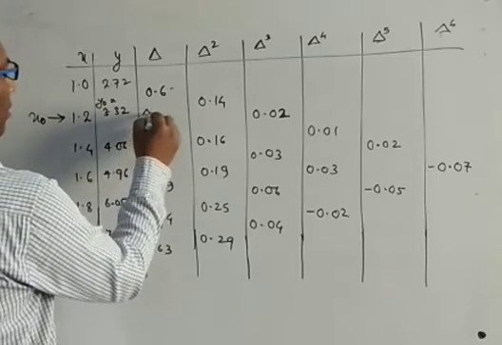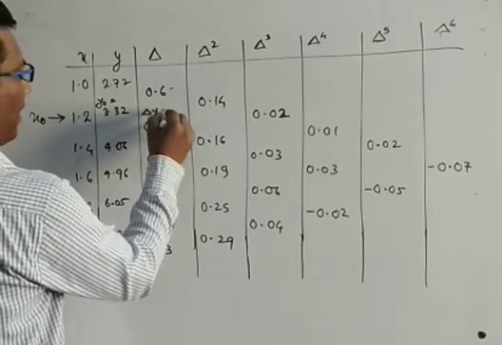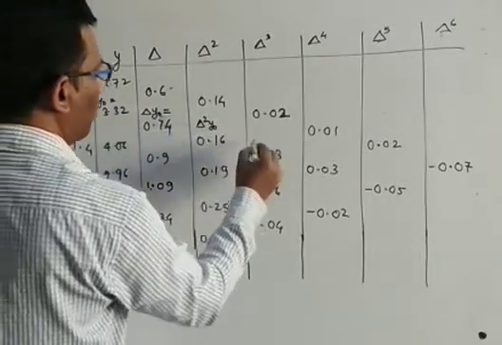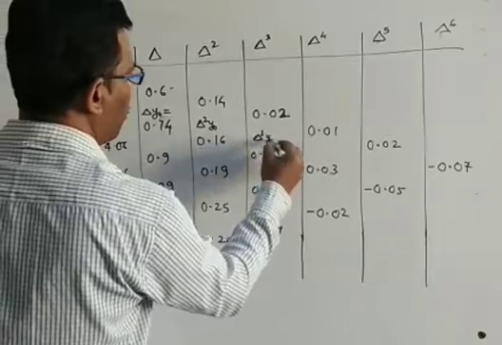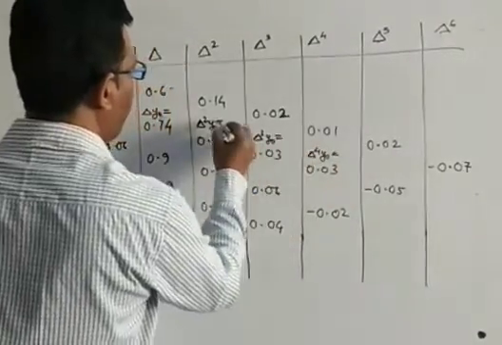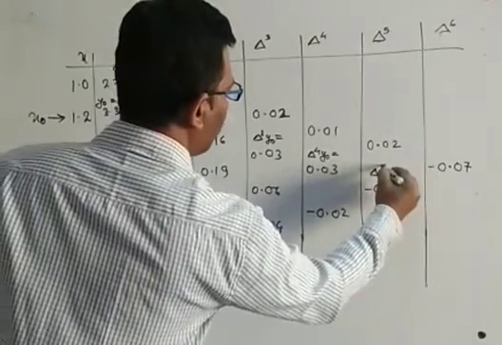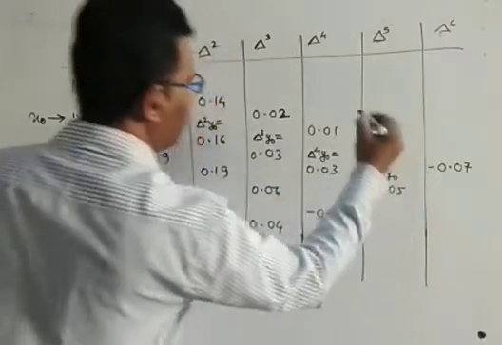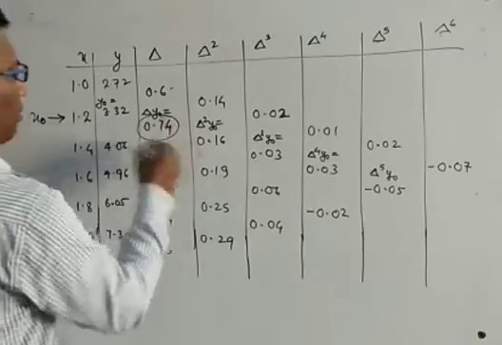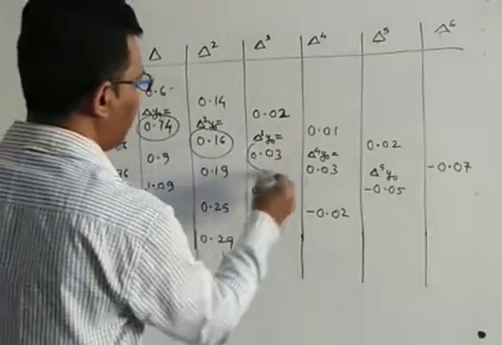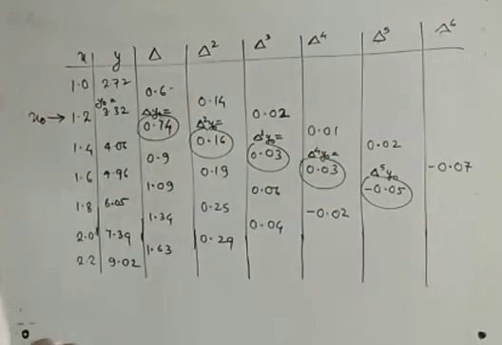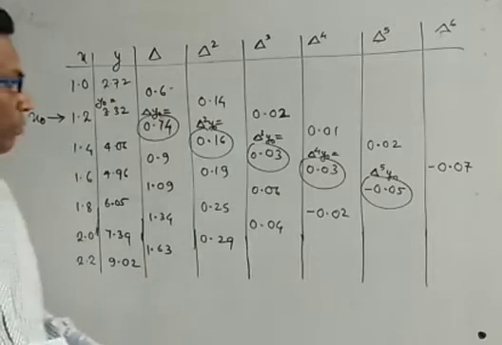So this is delta y0, this one is delta square y0, and this is delta cube y0, this is delta 4 y0, this is delta 5 y0, and we have to use these values in the formula.